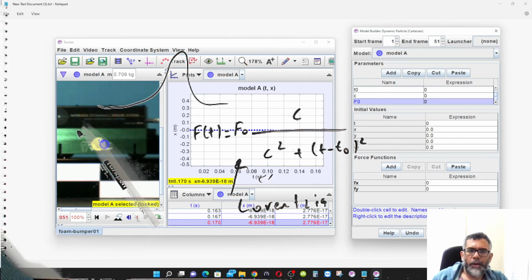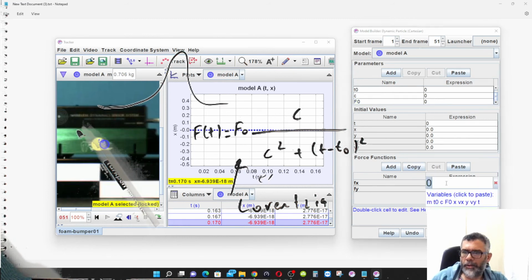Okay, so I'm going to type this expression now into the force function, which is going to be again minus f0 multiplied by c. Let's take this into parentheses, right, and divide this by, again, open a parenthesis, c squared plus (t minus t0) squared.